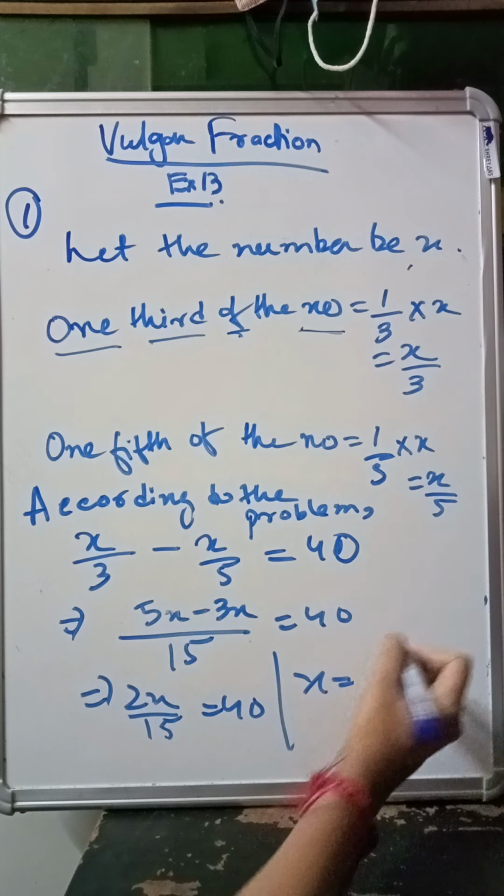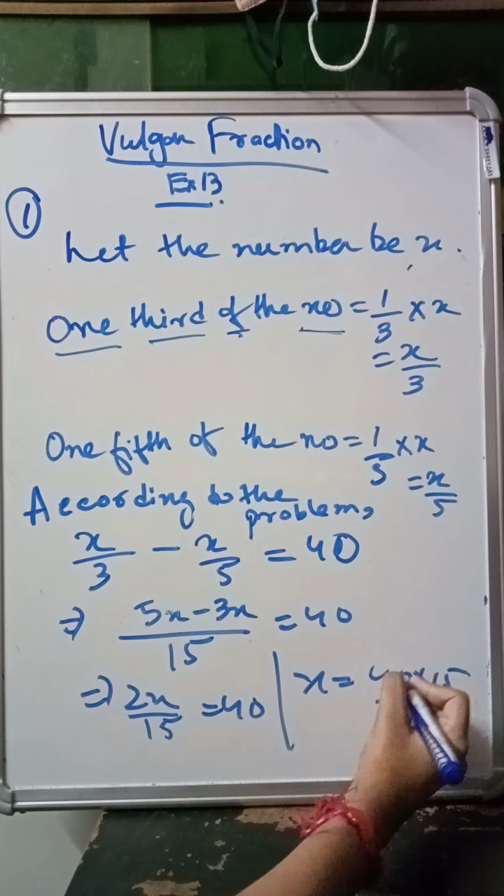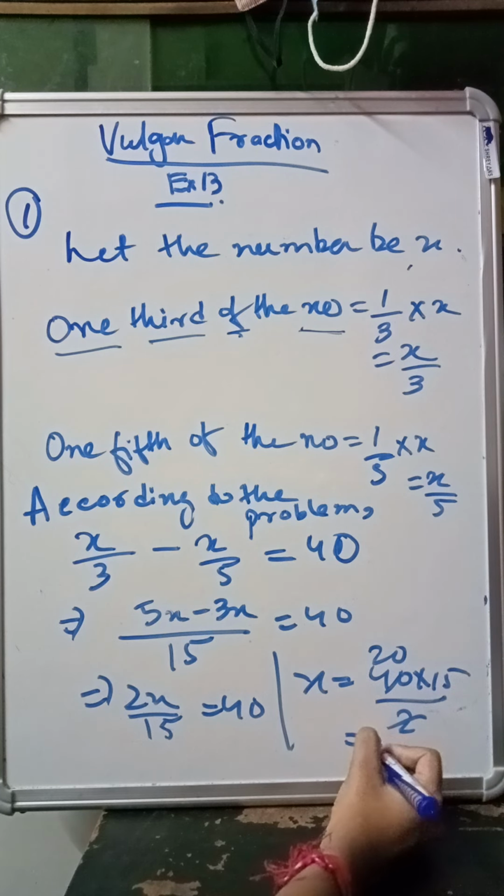So my x will be 40 into 15 by 2. If I cancel them out, I will get x as 100.